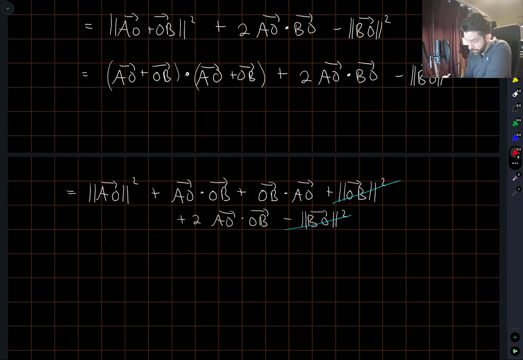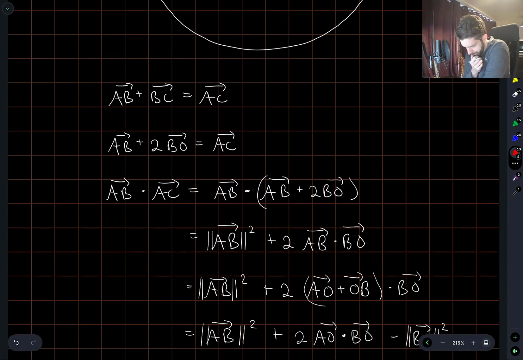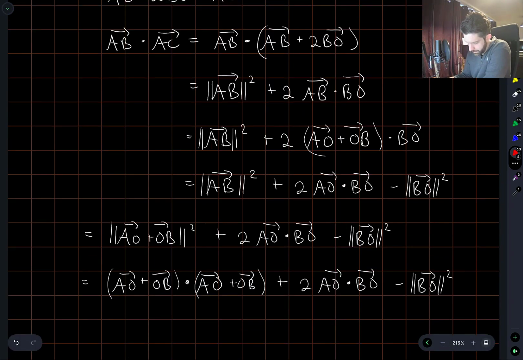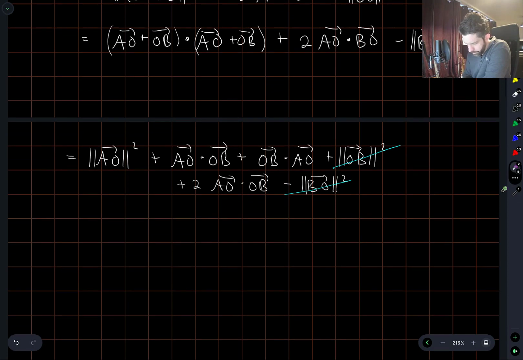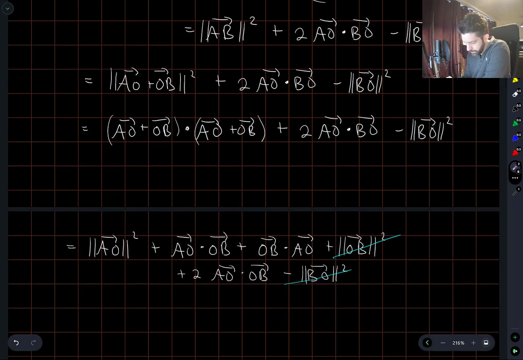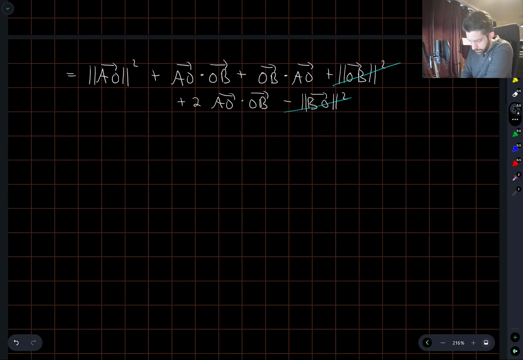It would not be unusual for me to make a mistake like that. These are all the same, right? AO dot OB, AO dot OB, that's also AO dot OB. So I have 4 of those. I feel like a negative sign is missing or something else. I'm going to write stuff out again.